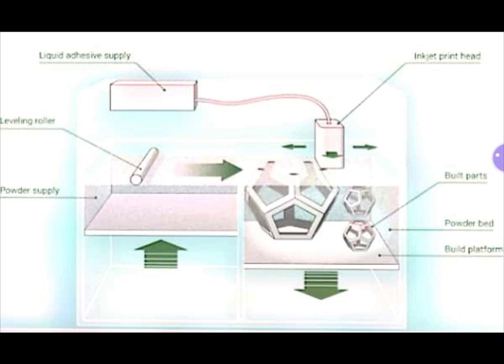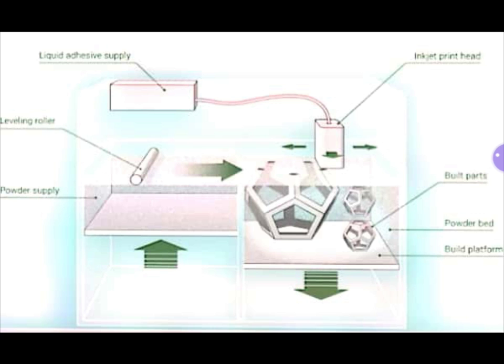And this is the illustration of the binder jetting process. Here in this process we have a liquid adhesive supply, which contains binder in the form of liquid, and this liquid is supplied to the inkjet print head according to the directions provided by the data.